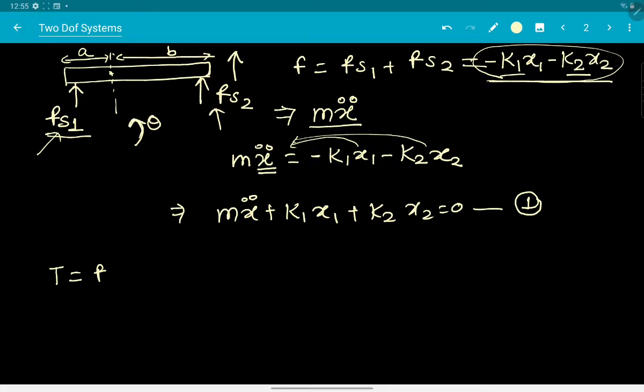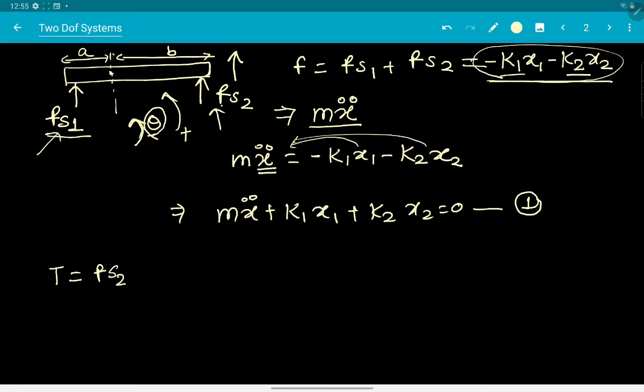So obviously all torques or moments in the anti-clockwise direction will be positive. Therefore the torque caused by the spring force Fs2 will be positive.